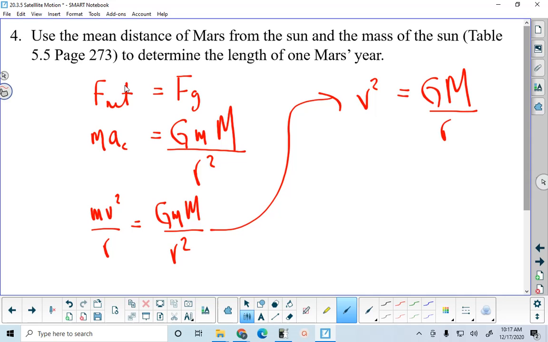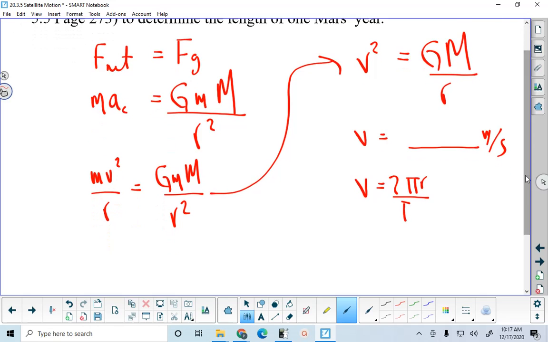So what you need to do, and I'm going to give everybody 3 or 4 minutes to do this, and I'll show you the numbers in a second, okay? Is you're going to have to calculate V in meters per second so that you can use V equals 2 pi r over t to find the time in seconds. That's what you're going to have to do.